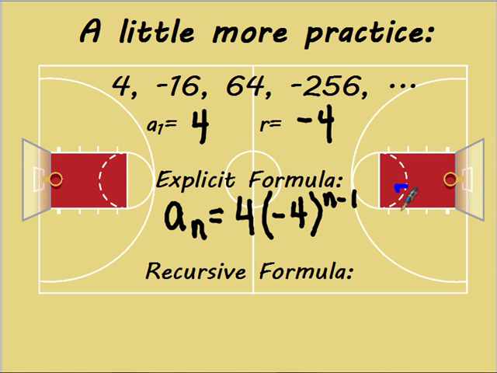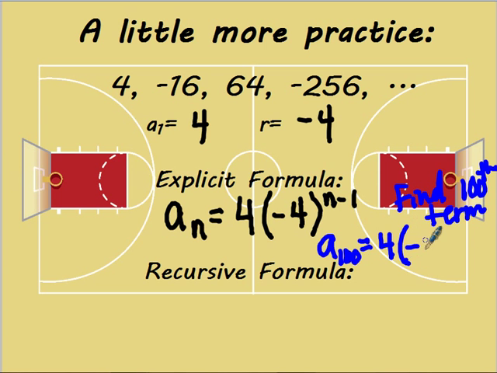If I wanted to find, say, the 100th term of this sequence, I would put a sub 100 equals 4 times negative 4 to the 99th power. In my calculator, I would put negative 4 to the 99th power and I would then multiply it by 4.